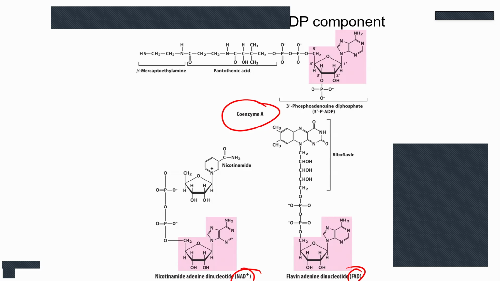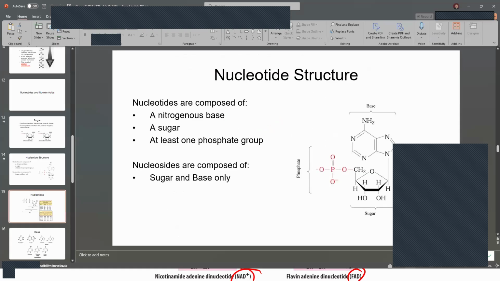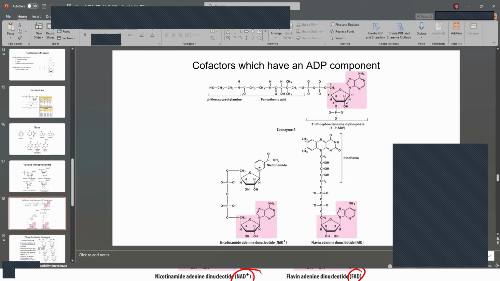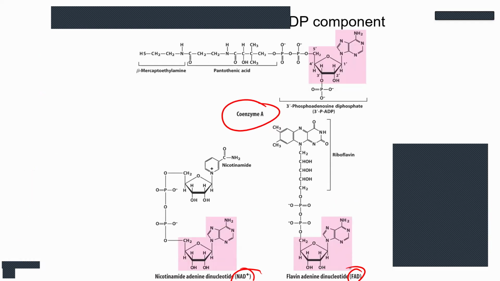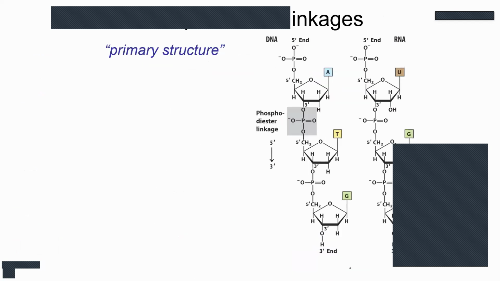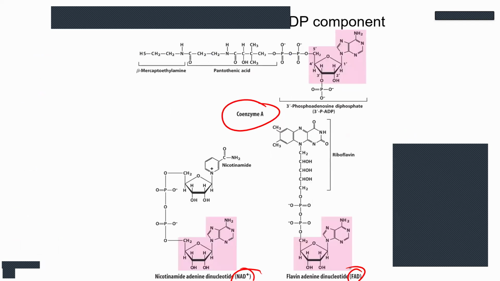So, what is a part of those two molecules? Well, NAD plus is also known as nicotinamide adenine dinucleotide. That is a compound that has a couple of nucleotides within it. And that's just kind of how dynamic nucleotides can possibly be. Now, this is just kind of trivial knowledge.